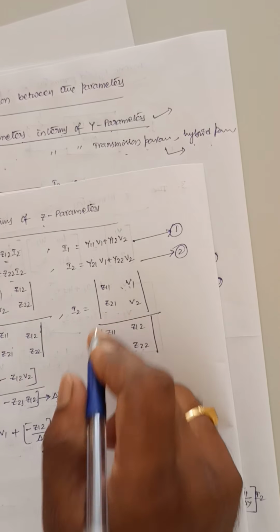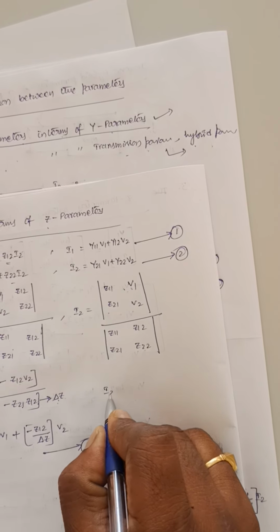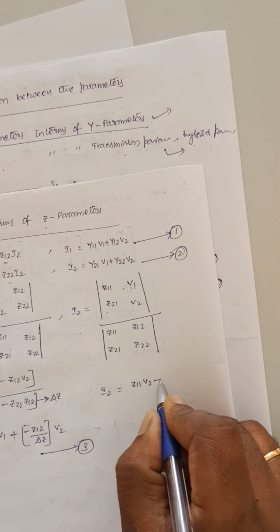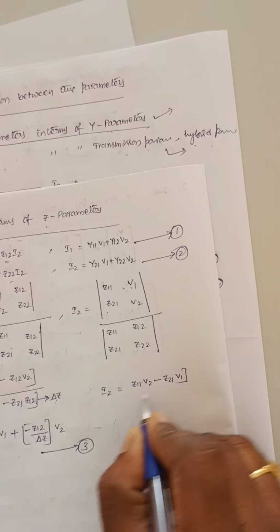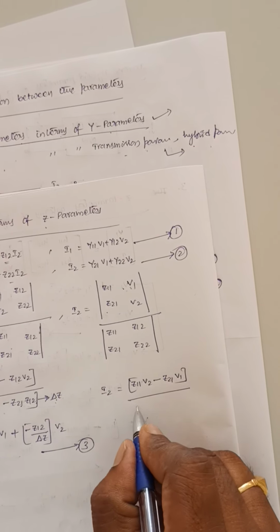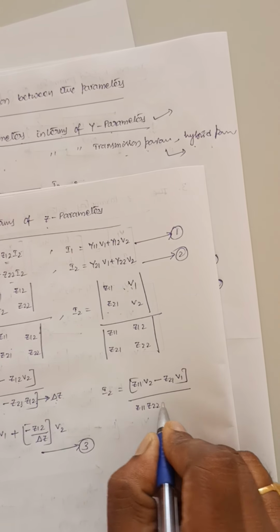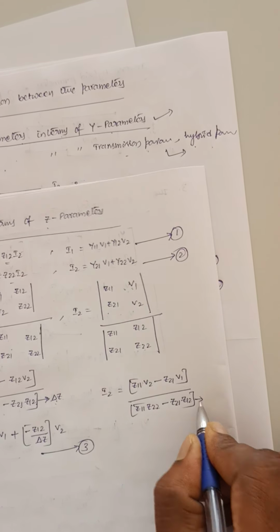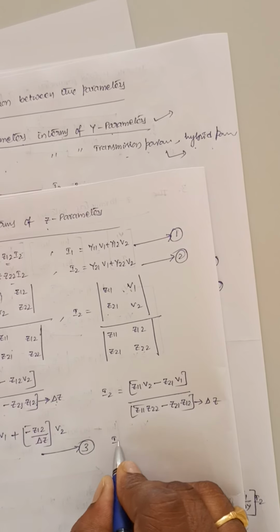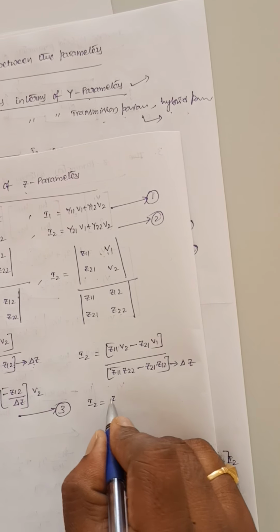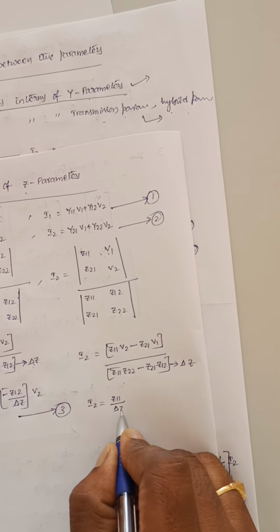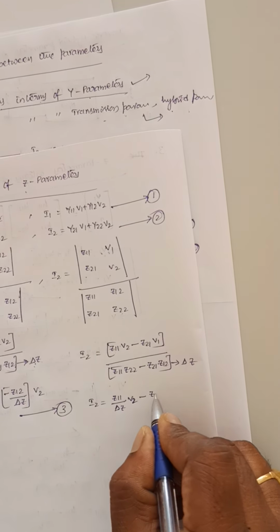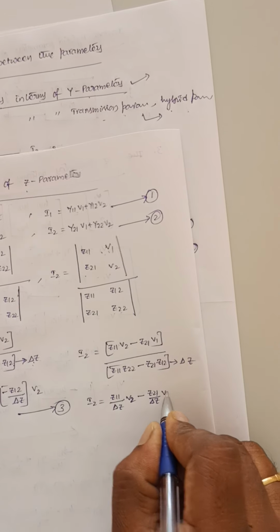Similarly, coming to the other equation, I2 is equal to Z11 into V2 minus Z21 into V1, divided by the same thing, Z11 Z22 minus Z21 Z12, which is delta Z. So I2 is equal to Z11 divided by delta Z into V2 minus Z21 divided by delta Z into V1.